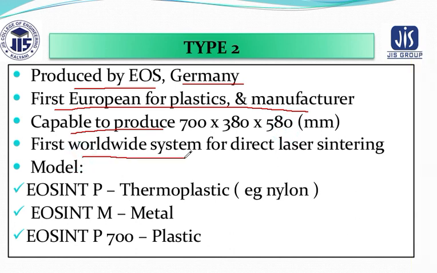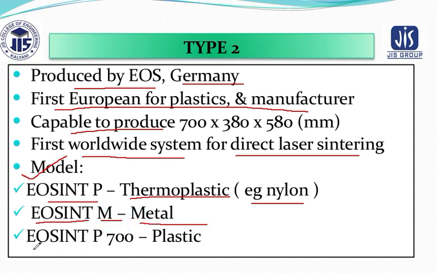This is the first worldwide system for direct laser sintering, and the models they have preferred are the EOSINT-P model for thermoplastic material, for example nylon, the EOSINT-M model for metal, and the EOSINT-P 700 for plastic material. So for three different materials, they are using three different models: EOSINT-P, EOSINT-M, and EOSINT-P 700.